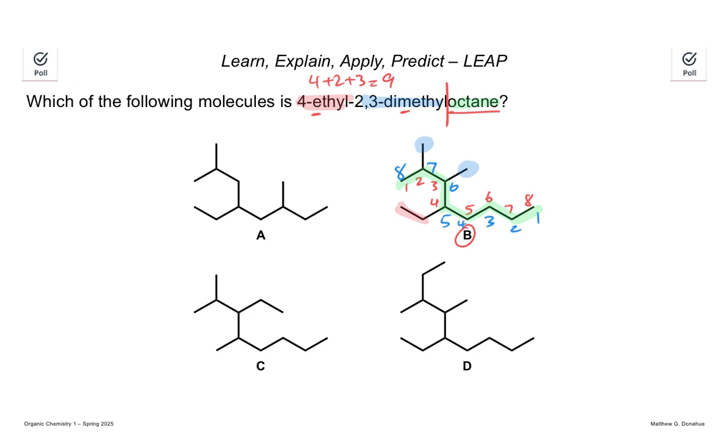Down here you're getting 5 plus 6 plus 7, that equals what, 18? So again, you have to figure out the way to number the chains so the sum of the substituents is the lowest it can be. So I believe these are the same compound.